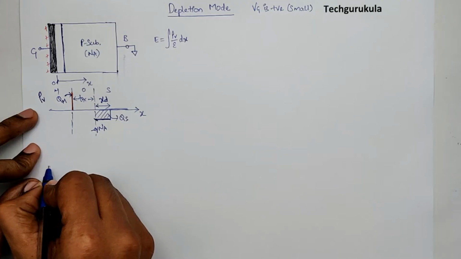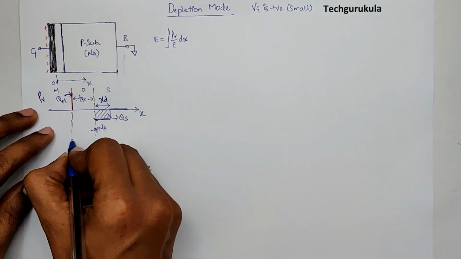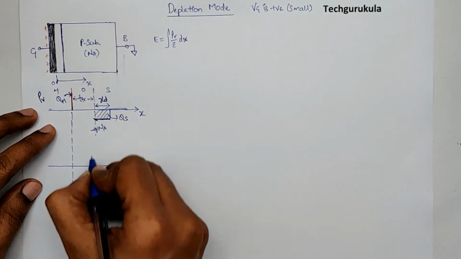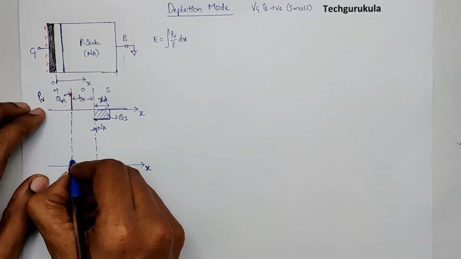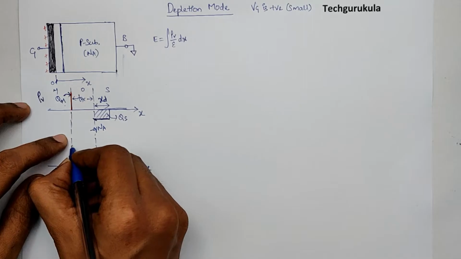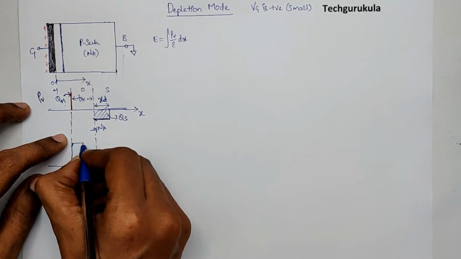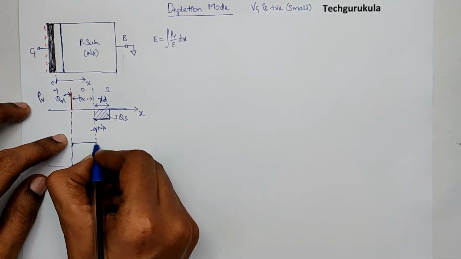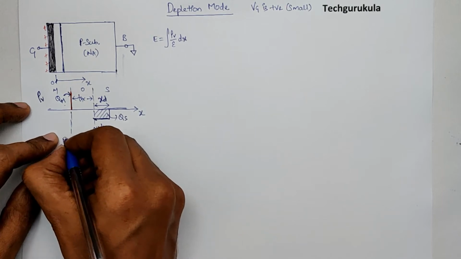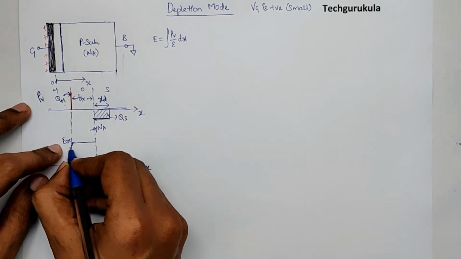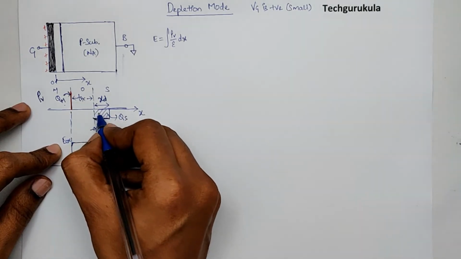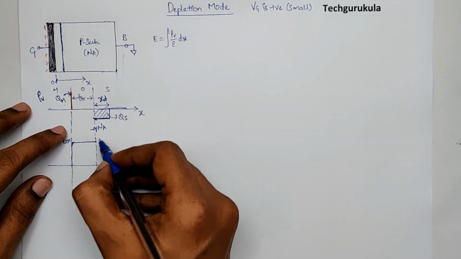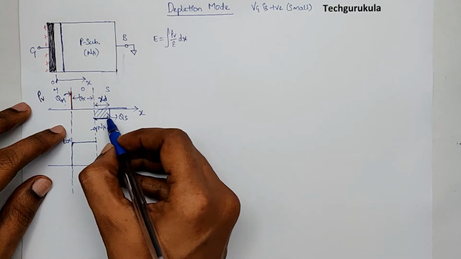Let's find the electric field here with respect to x. When we integrate this impulse, we get a unit step. Let's call this the electric field in the oxide. Now when it comes to the semiconductor surface, the area would reduce because there is a negative charge.